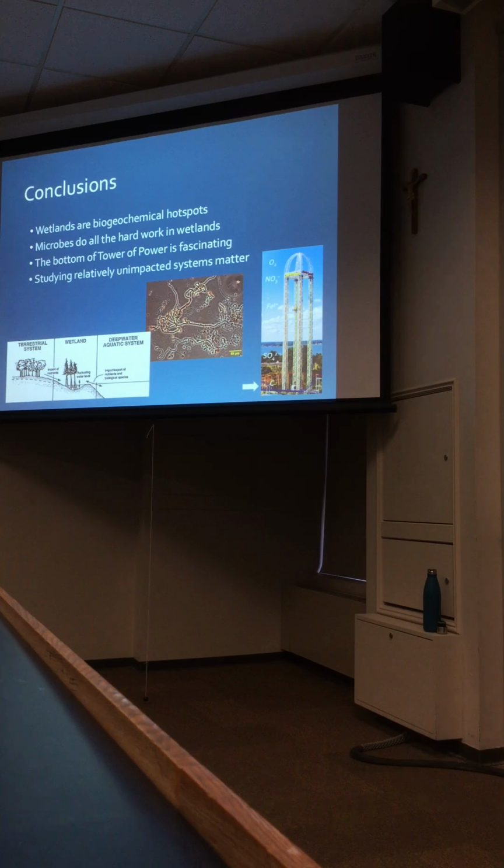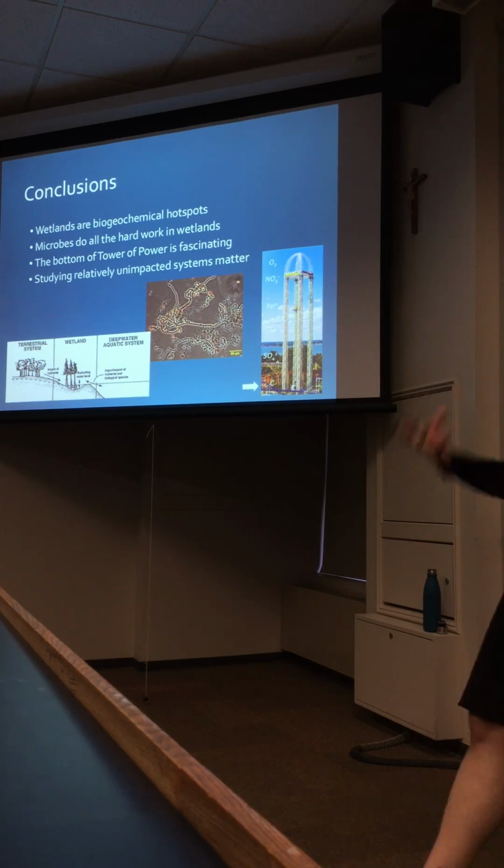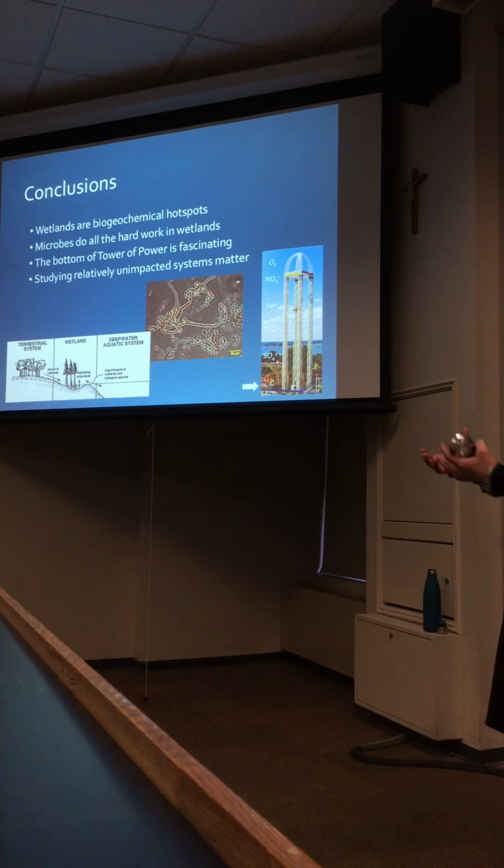We saw how nitrate had a dramatic effect on those biofilm communities. And that just goes to show how we as human beings have affected other ecosystem processes. So if we want to think about restoring wetlands or systems, we have to know what they were like before human beings were there and had an impact.